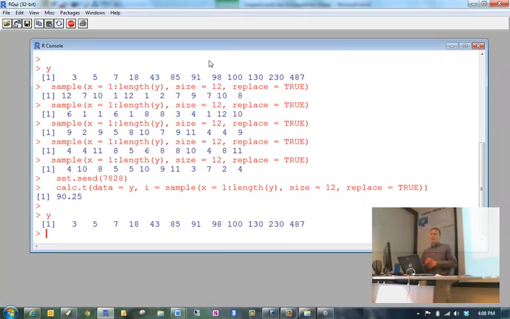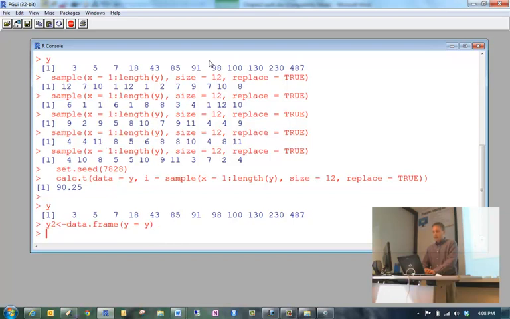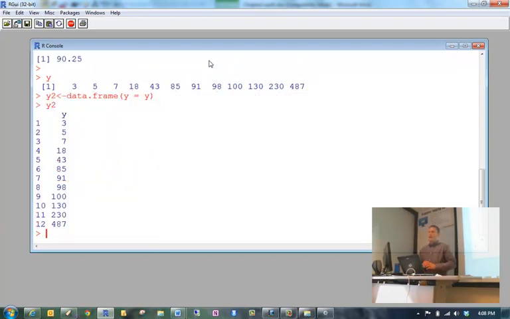But let's say instead that my data was in a data frame. So for example, let y2 be a data.frame that simply contains y, and it just so happens the variable is called y as well.